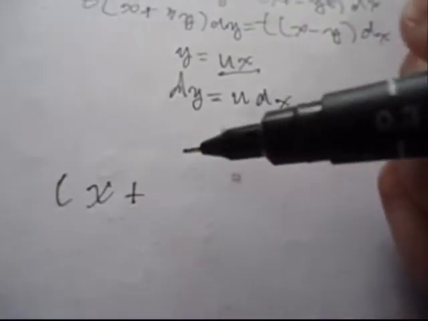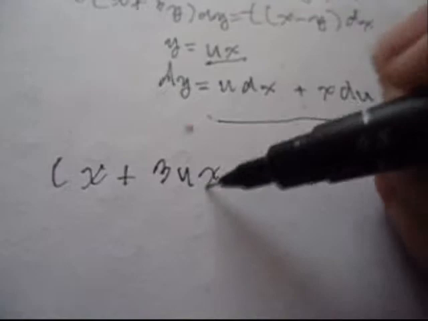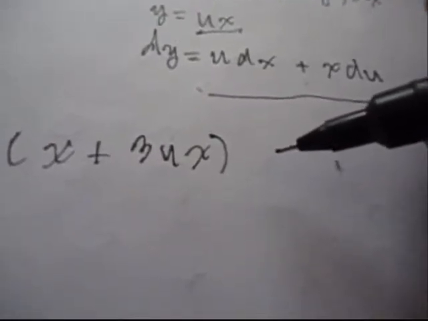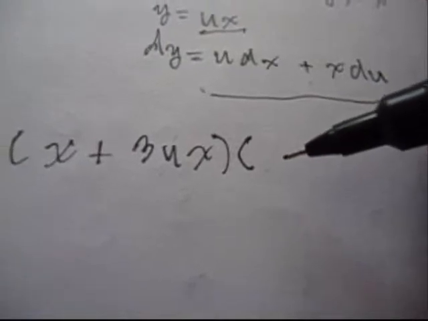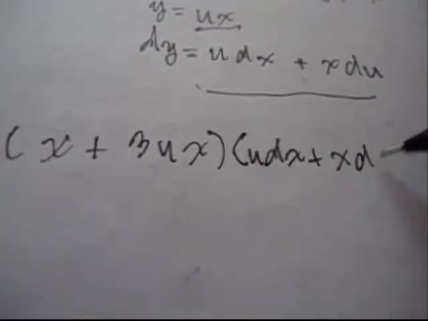So we have now x plus 3y, which is 3ux, will become 3ux, and then dy will substitute u dx plus x du.